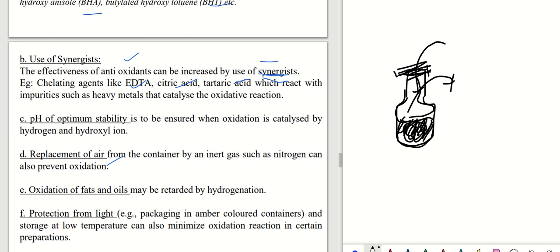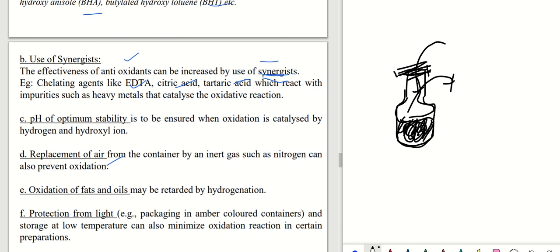Similarly, if we see in most of our vegetable markets, the packed vegetables, here in the pack, the air will be replaced by some inert gas. That is how we are protecting the vegetable.